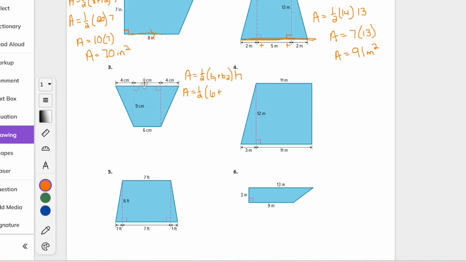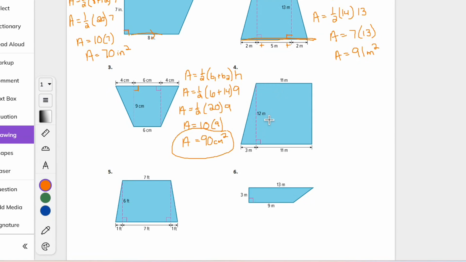Base 2, I have to add them all together. 6 plus 4 is 10, plus 4 is 14, times the height. Again, height is perpendicular to the bases, so that's 9. Order of operations, 6 plus 14 is 20. Half of 20 is 10 times 9. So my area is going to be 90 centimeters squared.